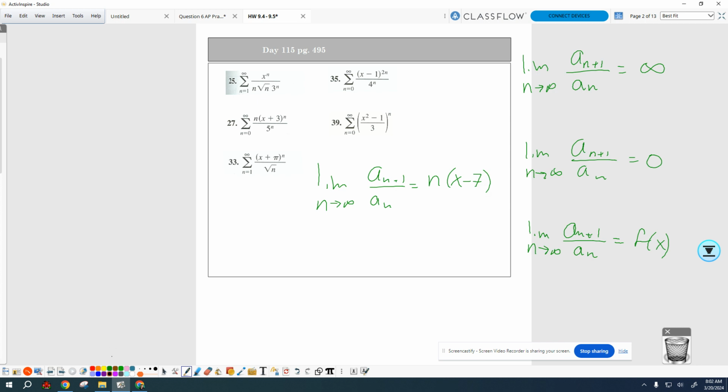Ari, what does it mean if my ratio test comes out and I get infinity? Let's think about it again. I have a set of terms, 1 plus, I don't know.